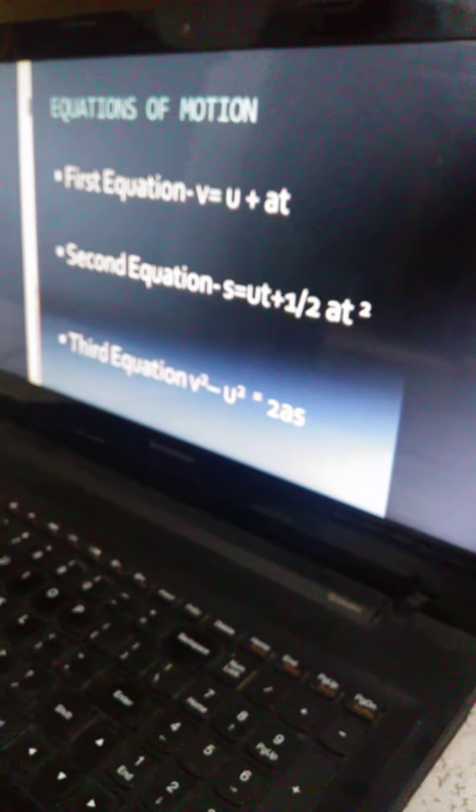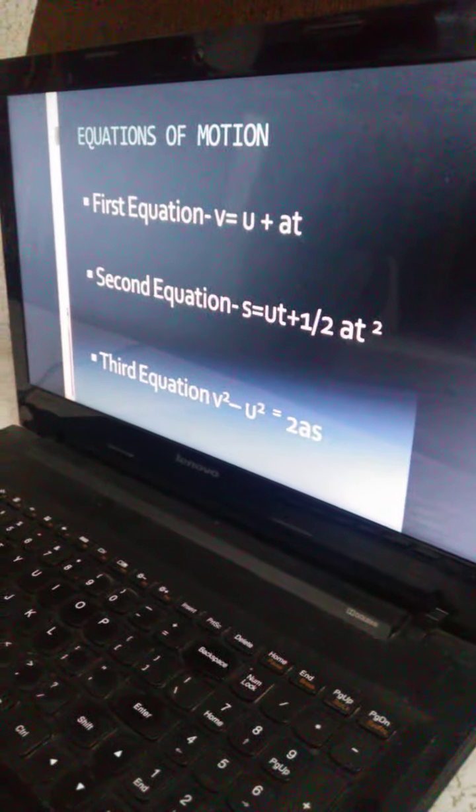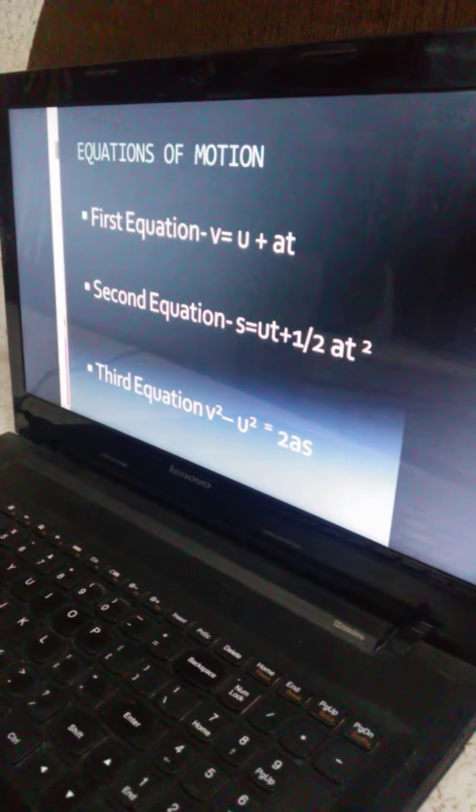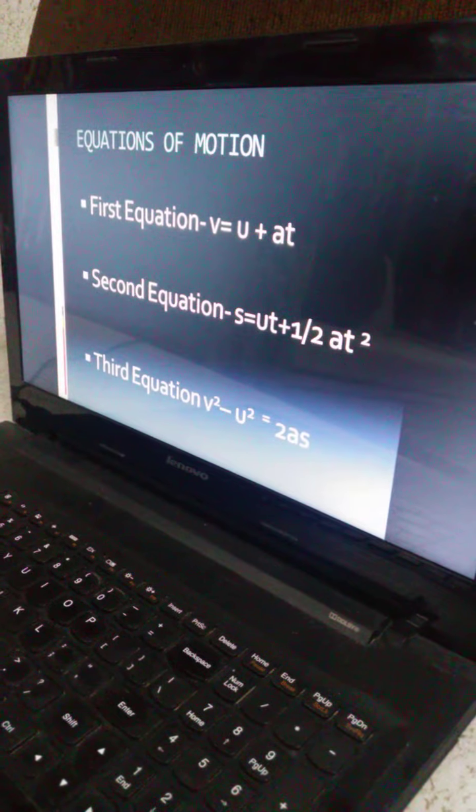Now what are these A, B, C, D, E, F, G, H? Are they simple alphabets? No. What are these? U, A, T, S. These are the standard symbols representing physical quantities. U, remember?